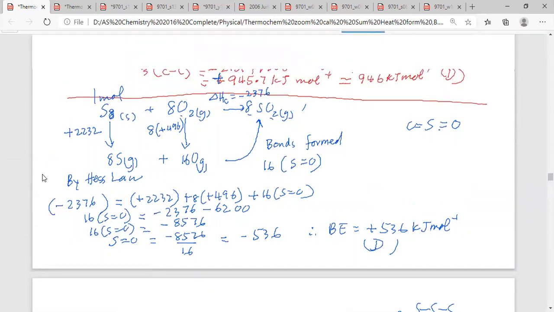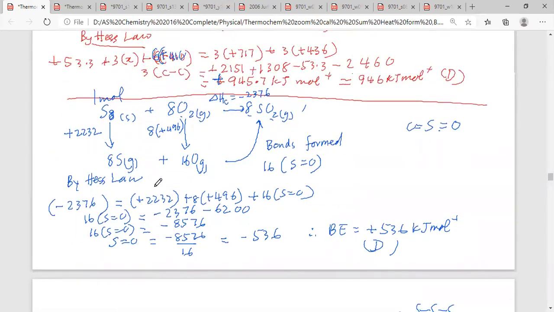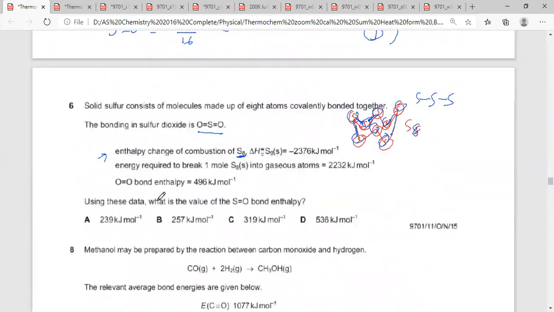Okay, so right now, how do you do it? You can see here they give you, all right? And you're required to break 1 mole into its gaseous atoms. That means S8 goes to 8 of S. S is solid here, right? Gaseous now. Okay, from its elements at standard state, okay, standard conditions. Okay, so here to here, atomization, it's positive now.